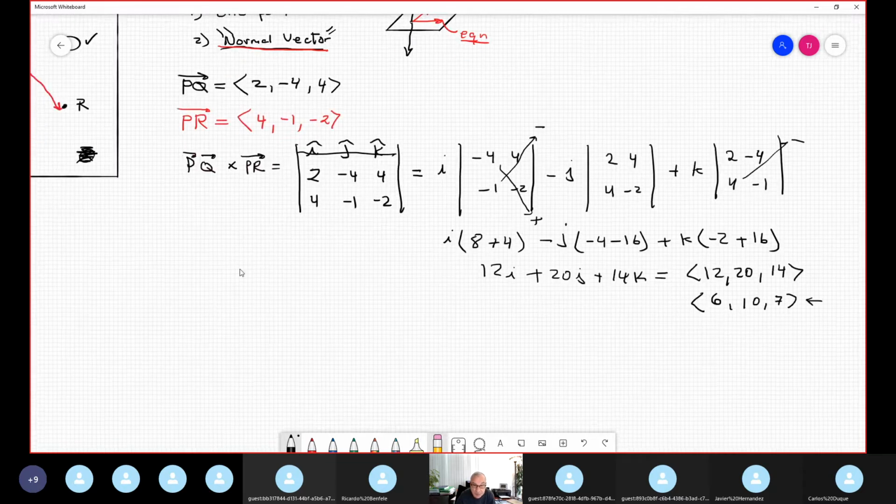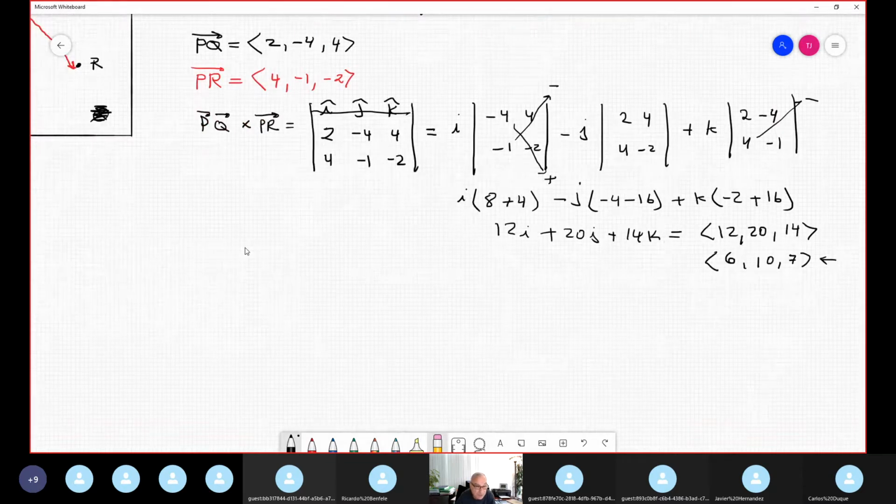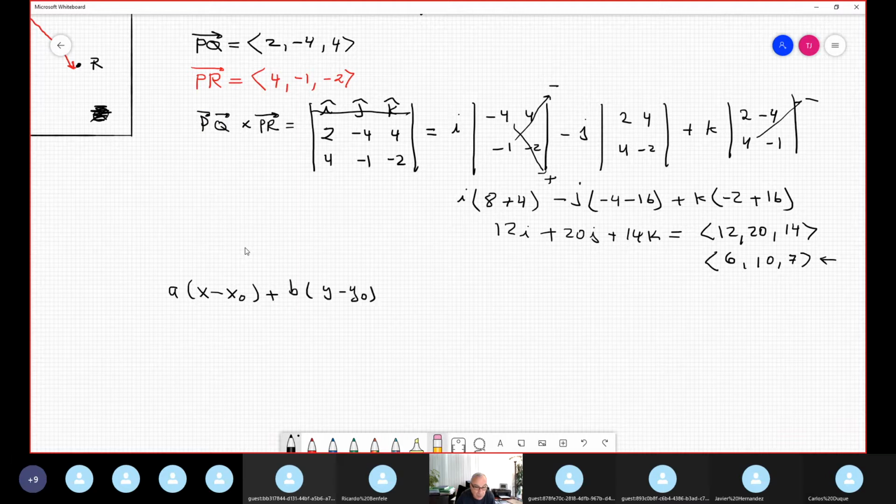Now, remember the equation of the plane. The equation of the plane is a(x minus x0) plus b(y minus y0) plus c(z minus z0) equals 0. Because this comes from the dot product with the normal vector. A, B, C is the normal vector.